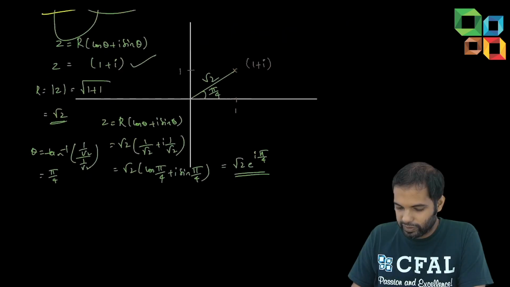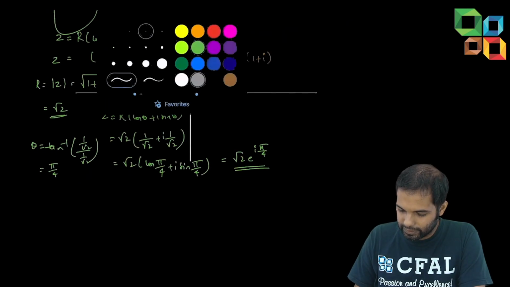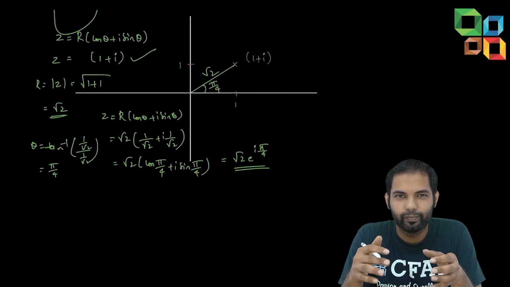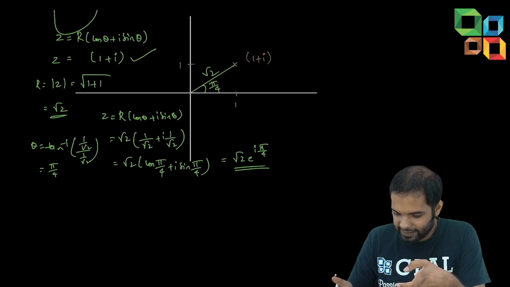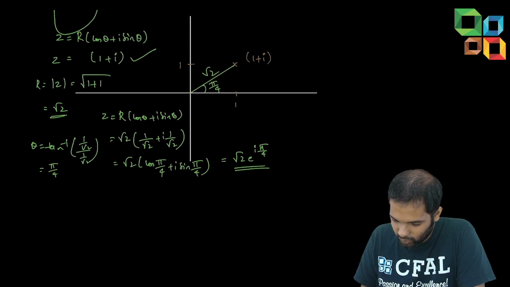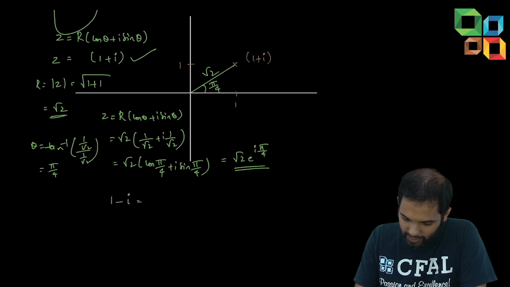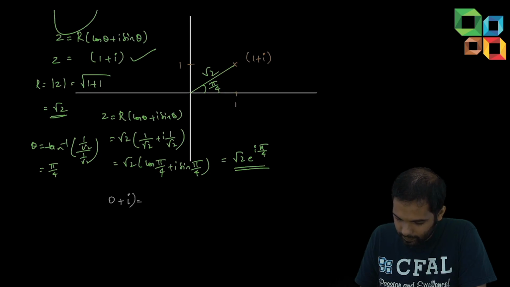Now one important note here. You remember we did all that exercise about multiplication, when we multiplied with i and saw what happened. Again, we can see what happens. What is i? First, let me write i. It's 0 plus i. What is the magnitude of this?